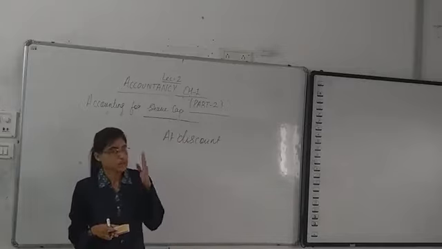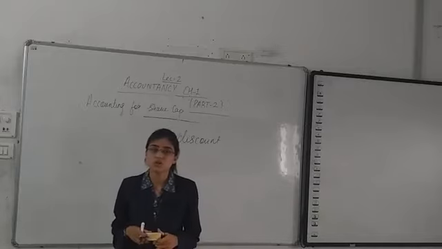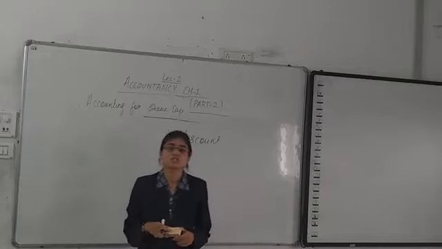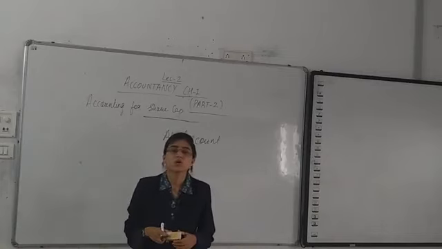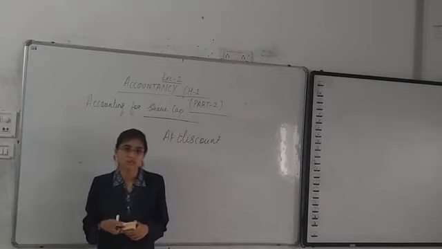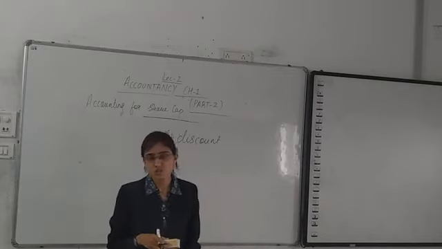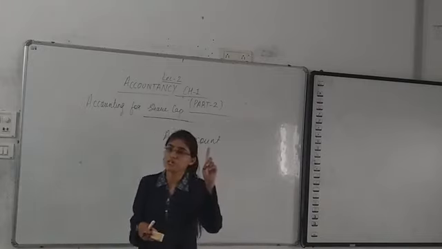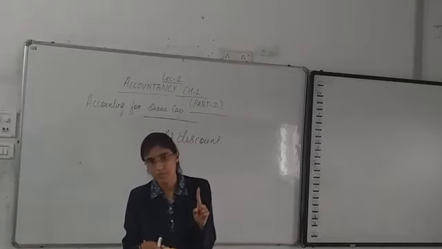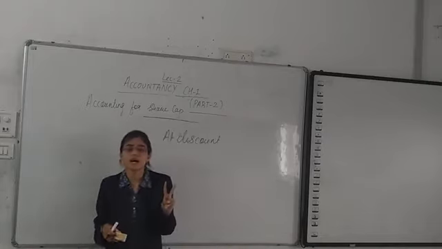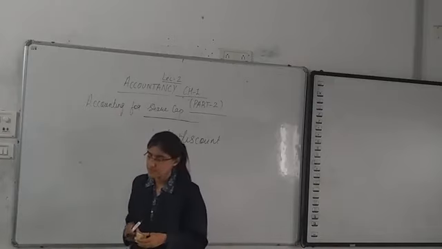But the method of discount is not a part of your syllabus. So we are not going to consider this method. We are going to solve sums related to the first method and second method: issue of shares at par and issue of shares at premium.